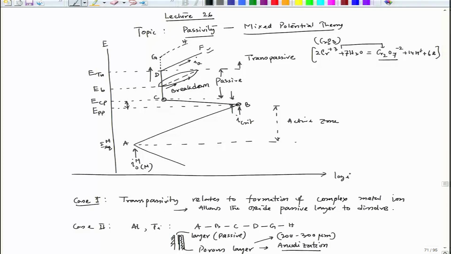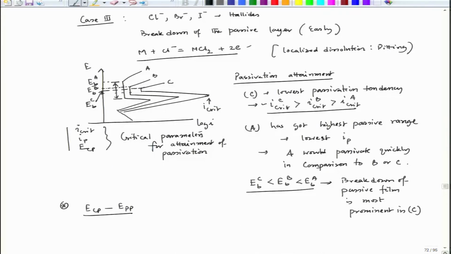Even without knowledge of mixed potential theory and its interaction with passivity, we could see that in case of A, this gap is minimum. As we go from A to B, I could see that the gap is increasing, and in case of C, it is the maximum.